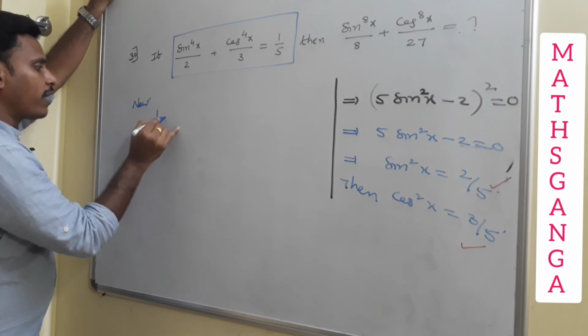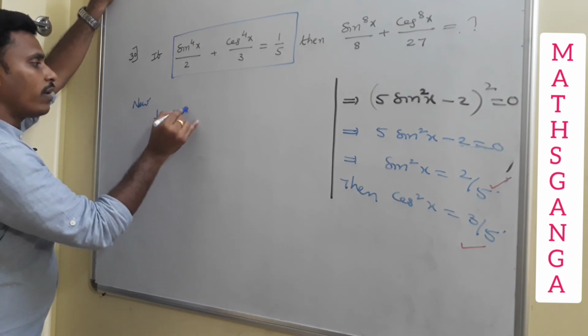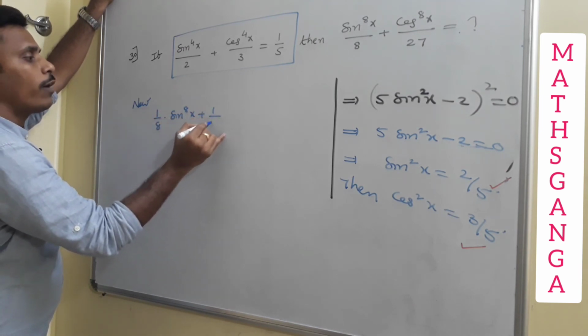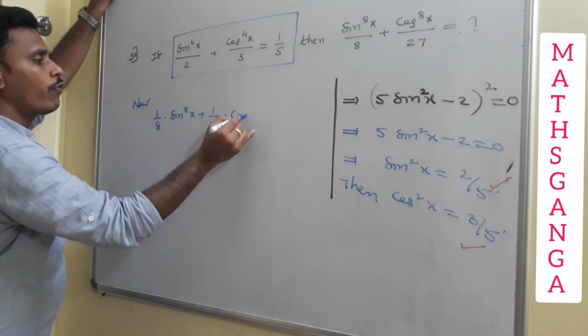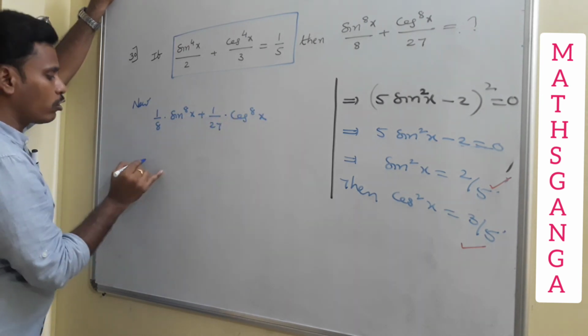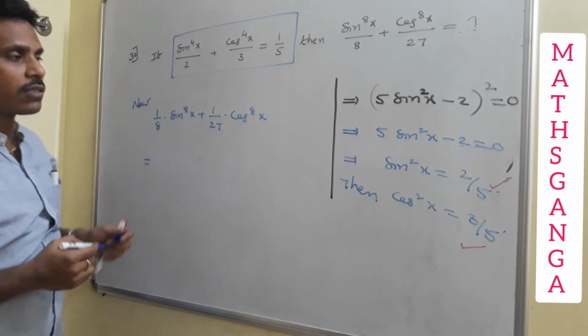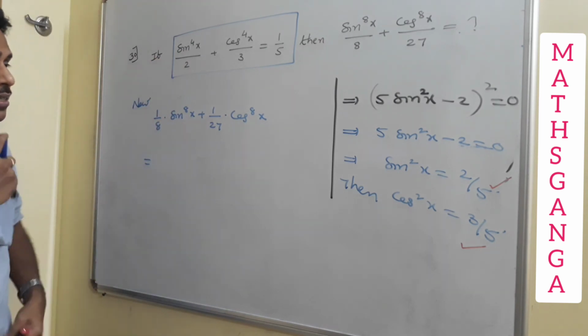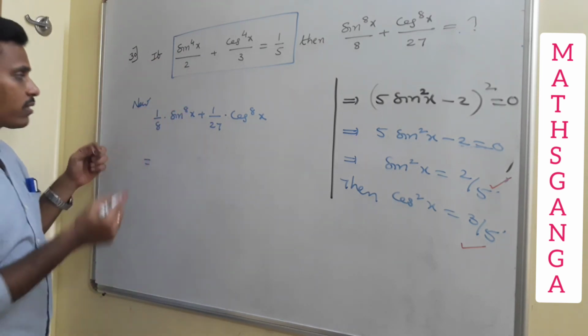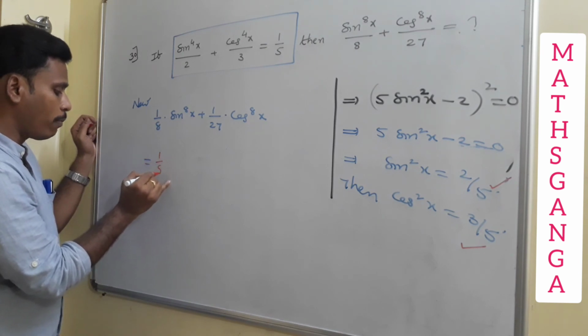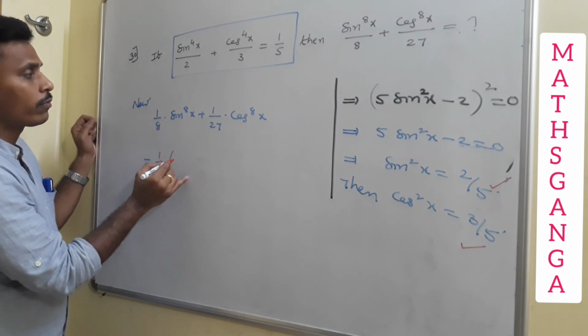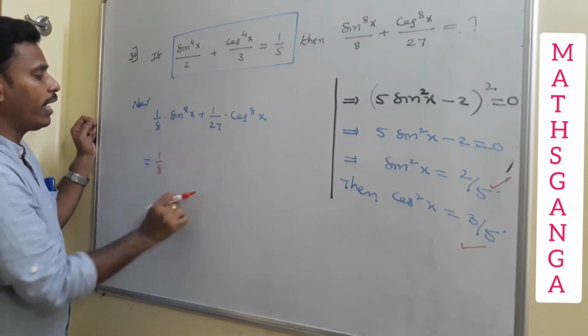1 by 8 times sin power 8x plus 1 by 27 times cos power 8x we need to simplify. This value actually they ask us to find. And now what is sin square x? Sin square x is 2 by 5, right? So 1 by 8 times, see this is sin power 8x, okay?